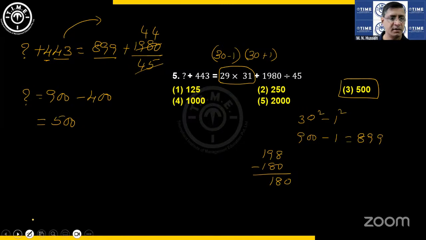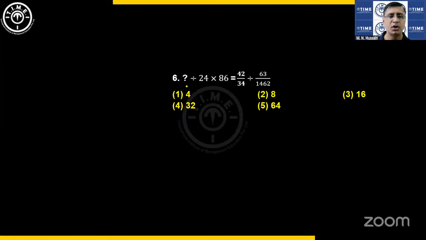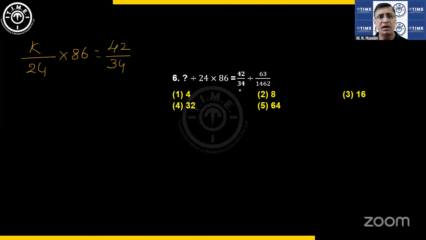Okay. Next, question number 6. Question mark divided by 24 into 86 is equal to... Question mark, I am assuming it as k, by 24 into 86 equal to 42 by 34 divided by 63 by 1462.